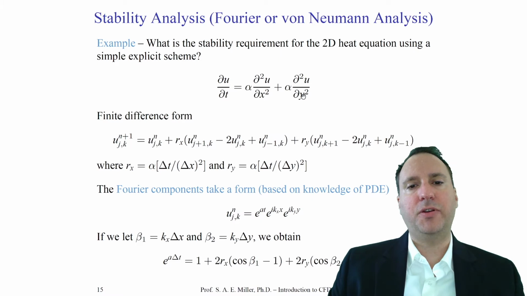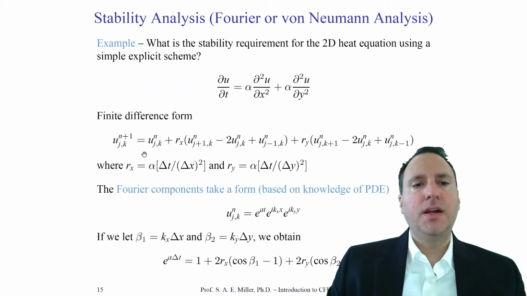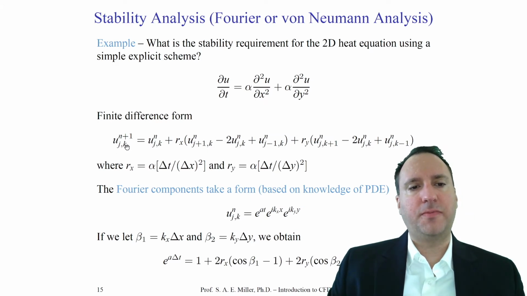On the right-hand side, we put in 2 central second-order differences for the second-order partial derivatives of u with respect to x and u with respect to y. We then solve this equation in discretized form for u at jk at time level n plus 1.